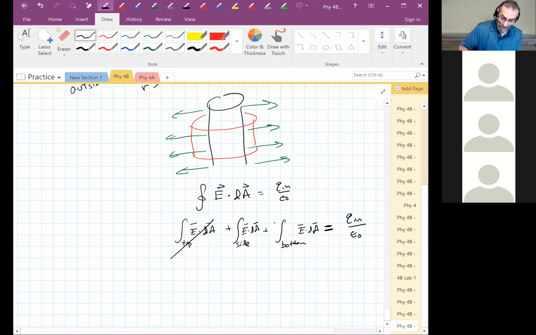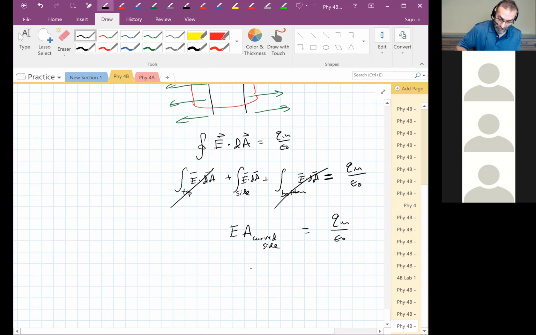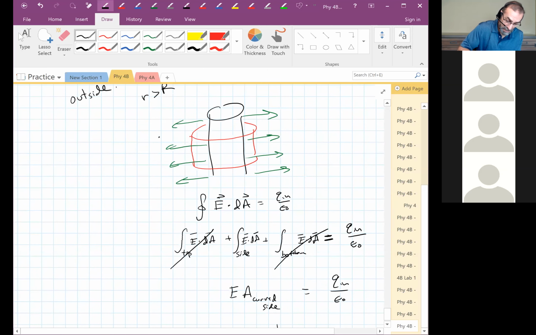The tops and the bottoms, 0, right? There's no flux through those surfaces. So we're only left with the curved surface, the side of this cylinder. And that's going to be E times the area of the curved side, right? And the area is 2 pi r h, where h is the height of my cylinder.